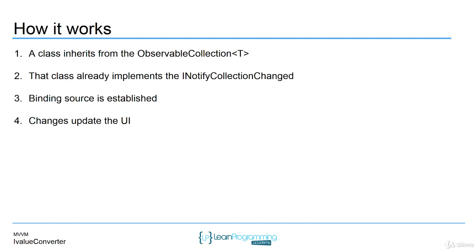The ObservableCollection<T> already implements INotifyCollectionChanged, which is going to be very similar to the INotifyPropertyChanged, except this time it raises events every time something in a collection changes, adding new elements or deleting elements, for example. And just like we've been working before, we're going to set a binding source.